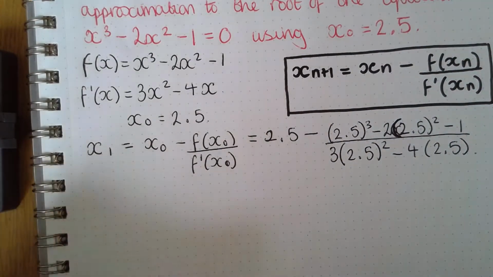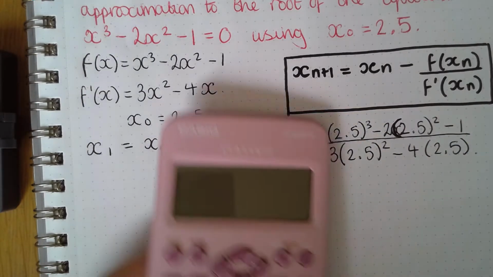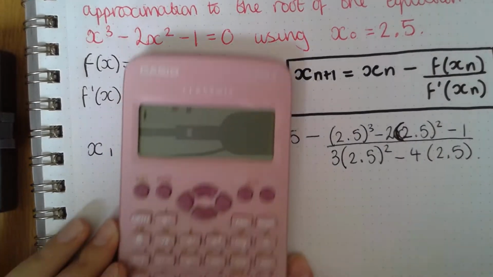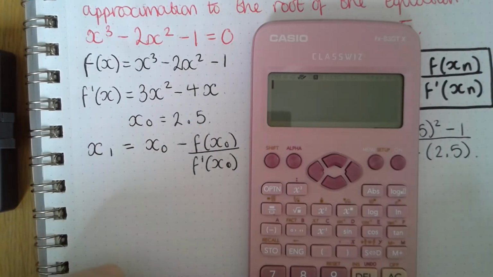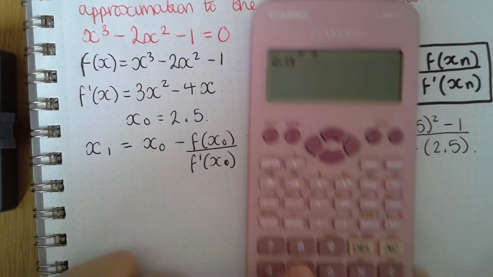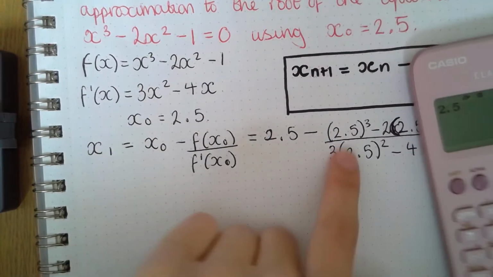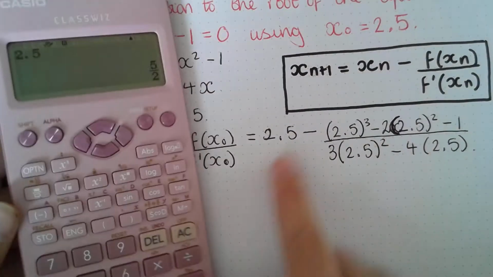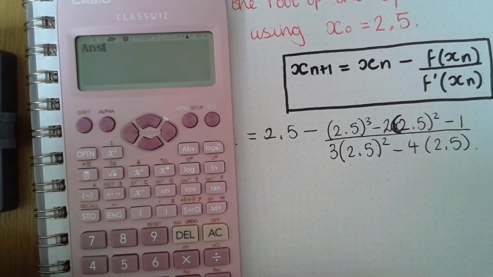So you're going to put that in your calculator. The easiest way to do it is to press 2.5 and then equals. Because then you're going to substitute it in here and you're just going to use answer instead of 2.5. So we've got answer, take away, then a fraction.